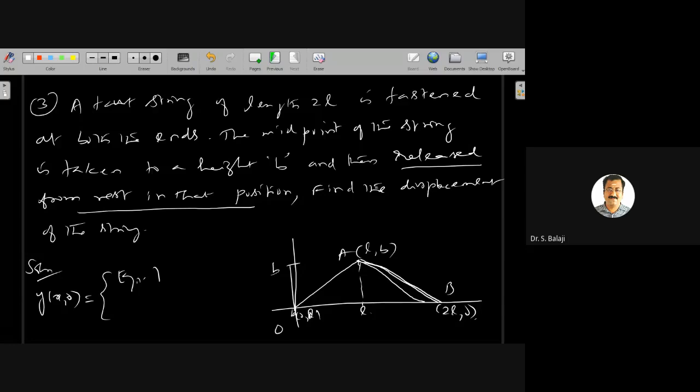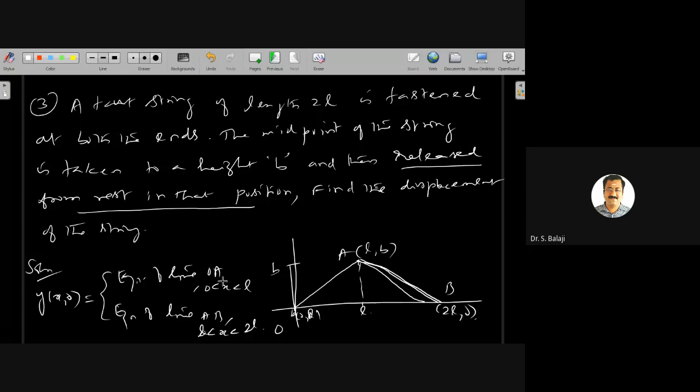You can take it as the equation of straight line OA, and then this will be the equation of line AB, for 0 less than x less than L, and for L less than x less than 2L. In that manner we can consider it.